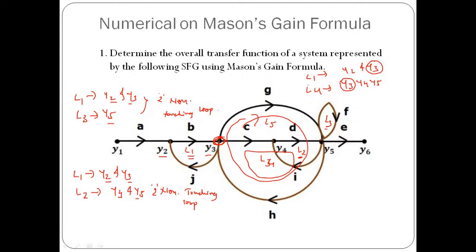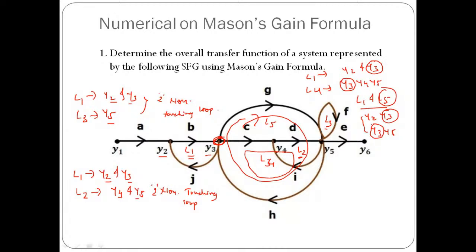So ignore them. In the same way, if you see loop number 1 and loop number 5, loop number 1 is formed between y2 and y3, and loop number 5 is formed between y3 and y5. So see, y3 is common. Hence this is a pair of touching loops. So no need to take care. If you apply that logic, we can easily find out how many loops are pairs of non-touching and how many are pairs of touching.